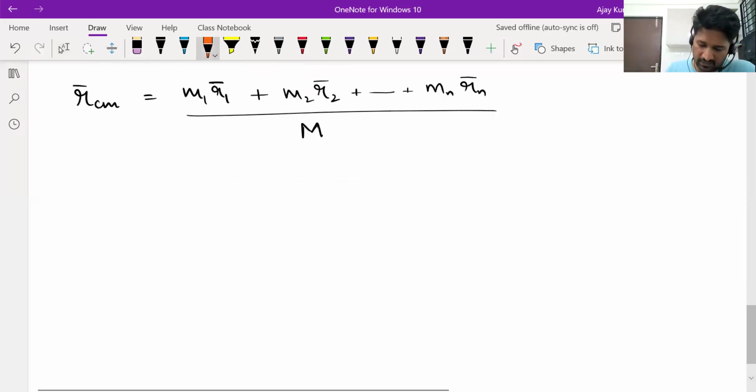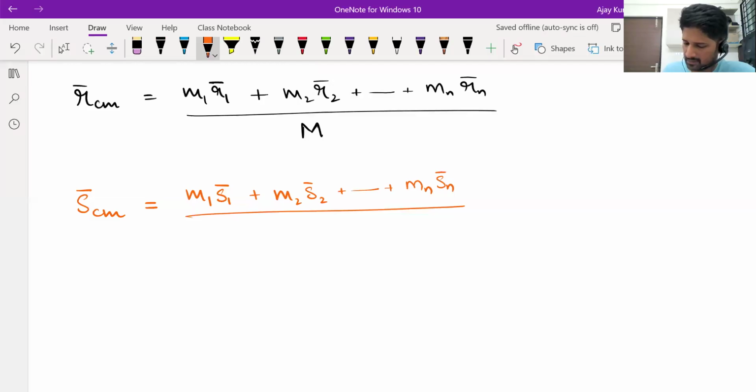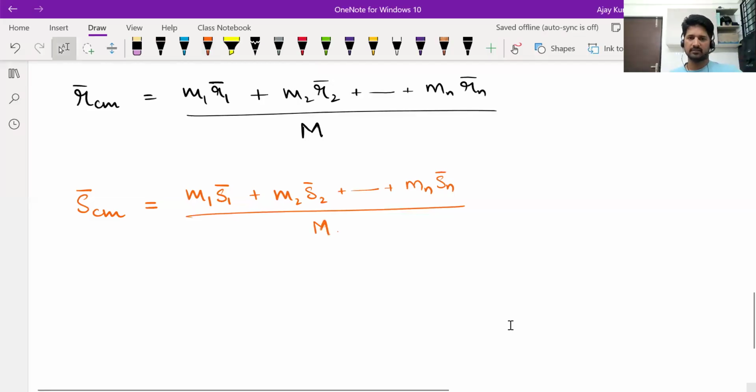We can even express displacement of center of mass in the same manner. M1 multiplied with displacement of the first mass plus M2 multiplied with displacement of the second mass, and so on, Mn multiplied with displacement of the nth mass, divided by the total mass of the system. That is the formula for displacement of center of mass.